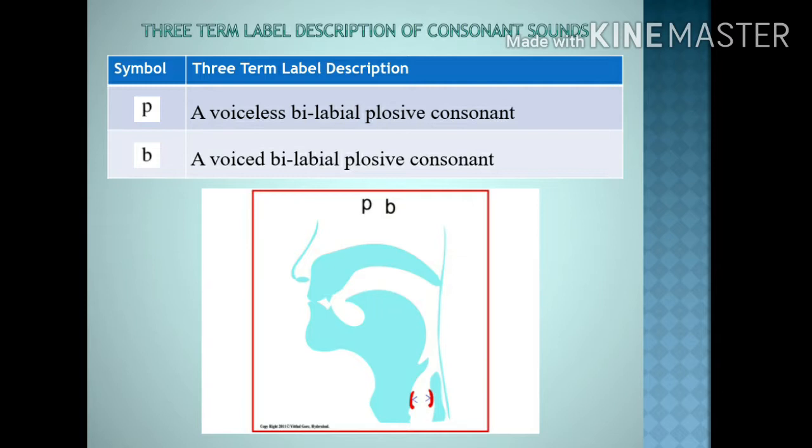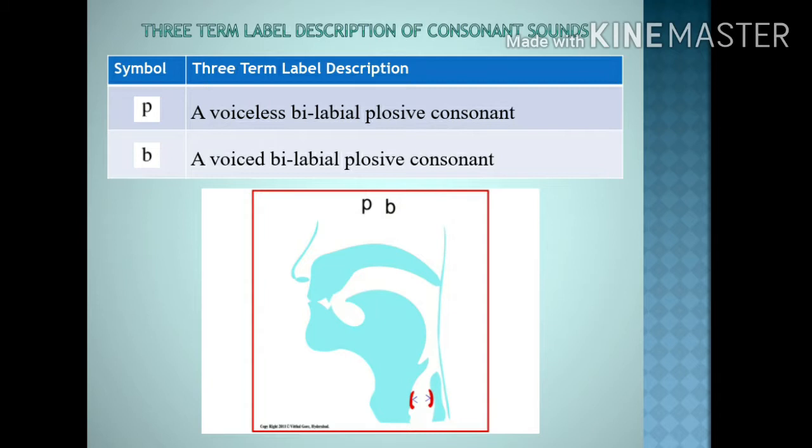So for each of the sounds I have already designed a few diagrams for your better understanding. And that diagram I have also flashed on your screen by the sharing mode. And each and every diagram I will try to explain to you so that you will understand this concept better. Now, the first symbol is P and the second one is B. First of all, you need to understand that whenever I teach you in pairs, the first sound is always a voiceless sound and the second sound is always a voiced sound.